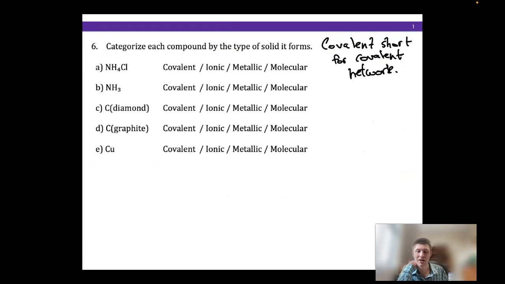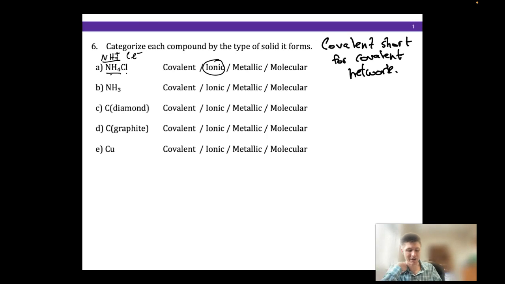Okay, so we can categorize each compound by the type of solid that it forms. NH4Cl here. If we look at that, you just sort of have to know that prior information. This is NH4 plus cation. You have to identify that ammonium cation, and then it has a Cl minus anion. So this has a positive cation and a negative anion.